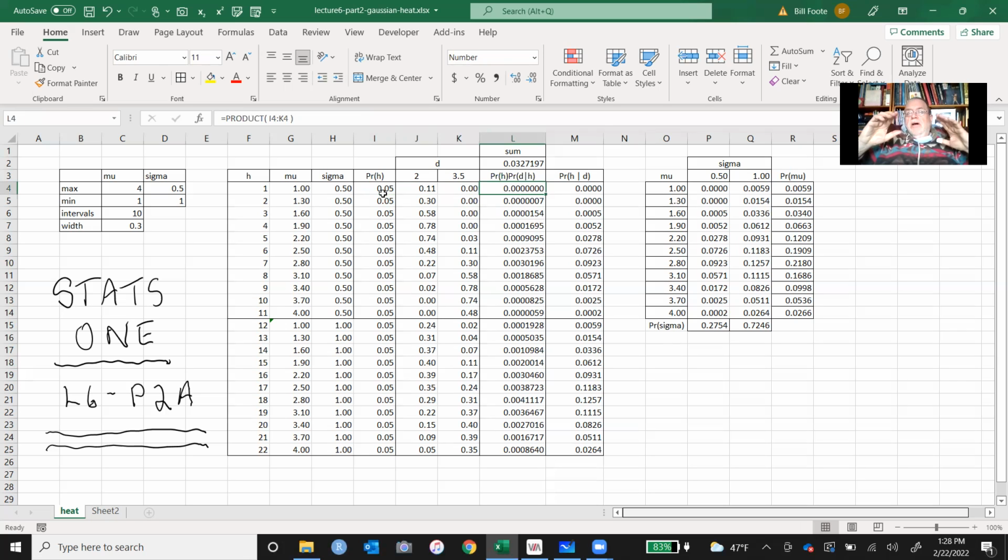Now, in more advanced courses and with a lot more data, we use a logarithm to do all of this, okay? Partly because of the overflow and underflow numerical issues inside of any computer. There's no such thing as infinity.